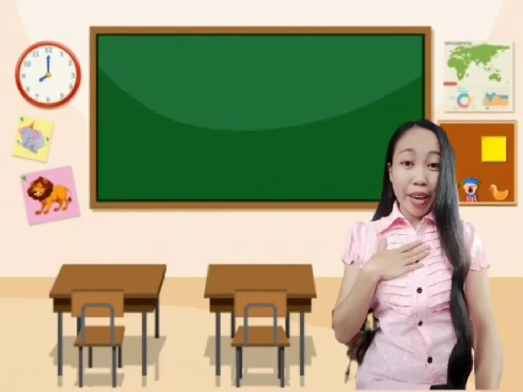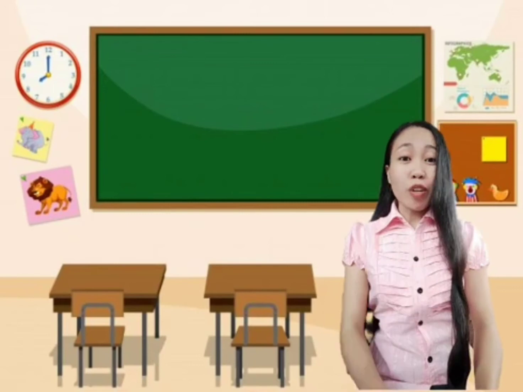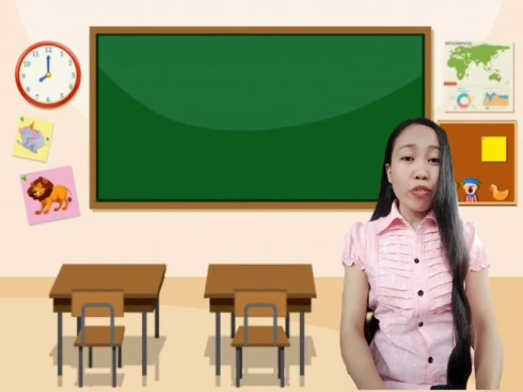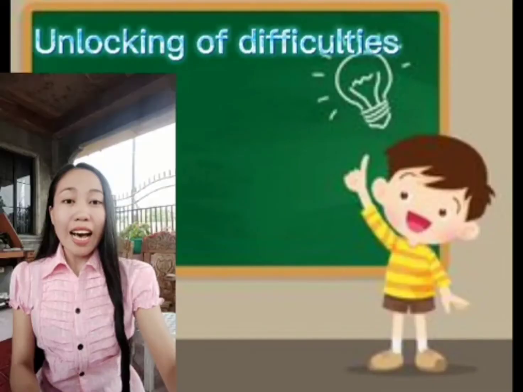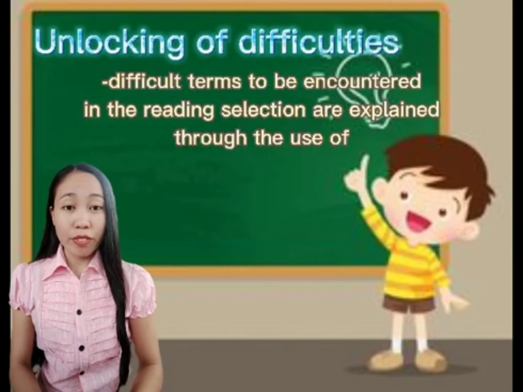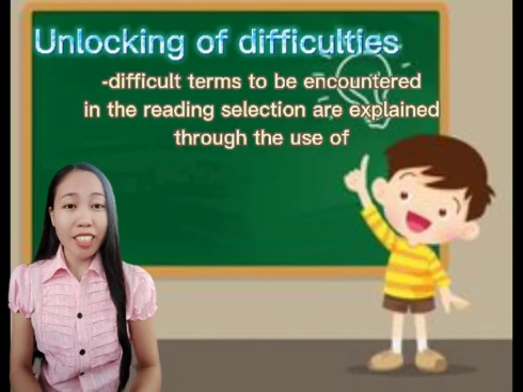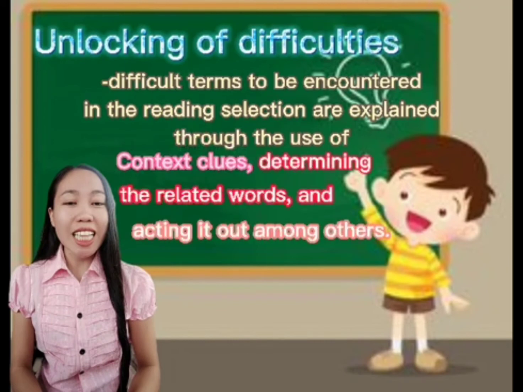I am Maynana, and my topic is the continuation of the report of Miss Saavedra. What is unlocking of difficulties? Difficult terms to be encountered in the reading selection are explained through the use of context clues, determining related words, and acting it out, among others.